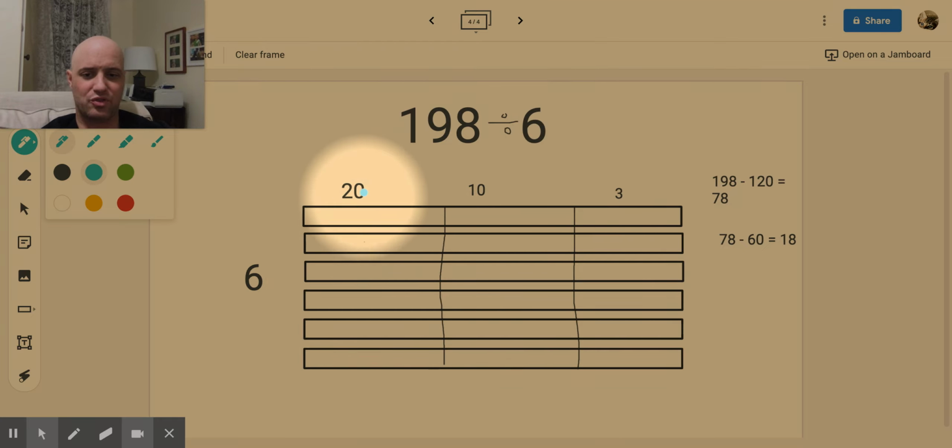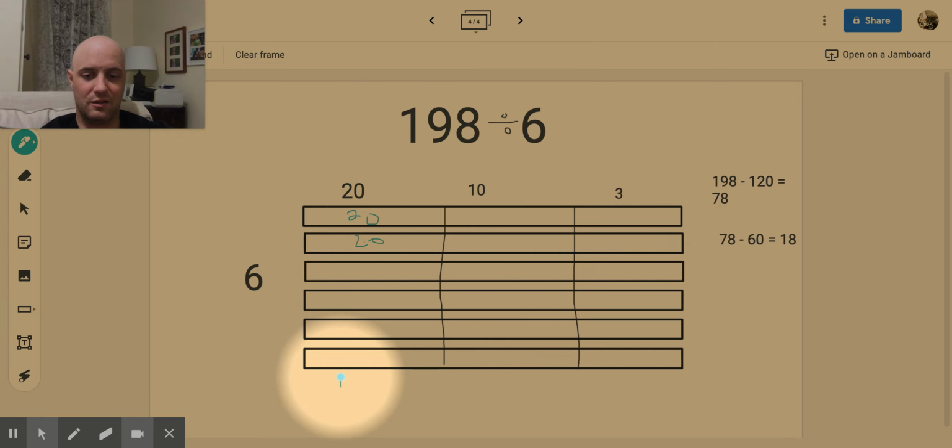What if I put 20 in each row? I can count by 20s: 20, 40, 60, 80, 100, 120. That means that these rows would be 120.